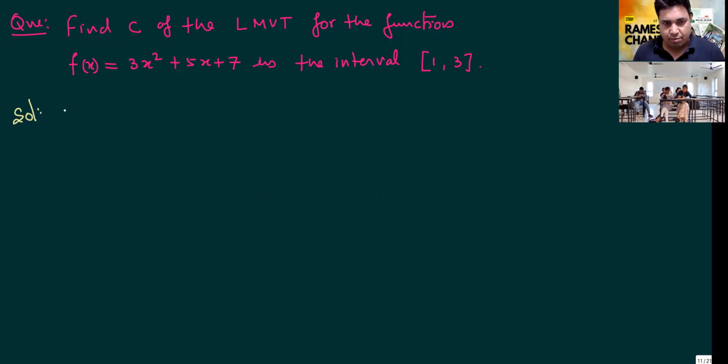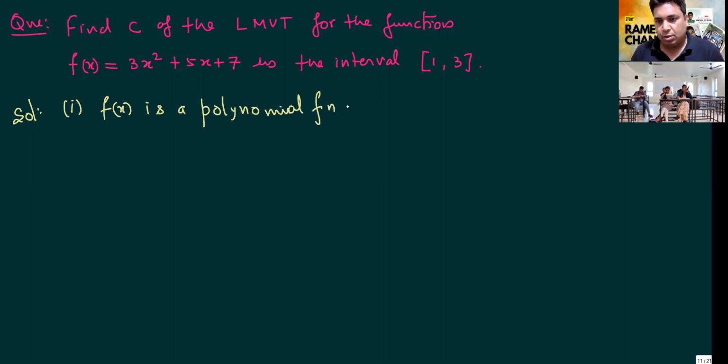What we'll write here first: f(x) is a polynomial function. Hence, it is continuous for all x belongs to the closed interval 1 to 3.